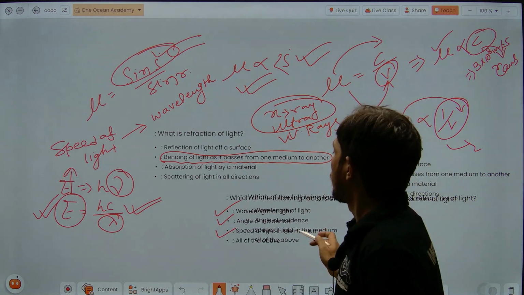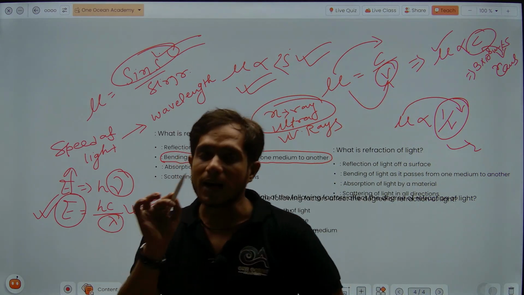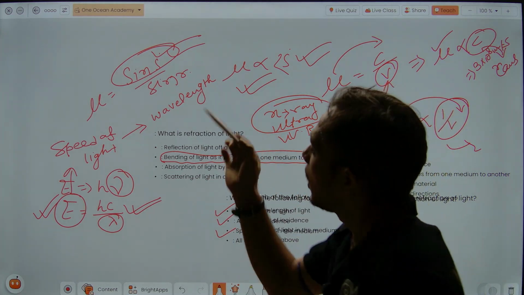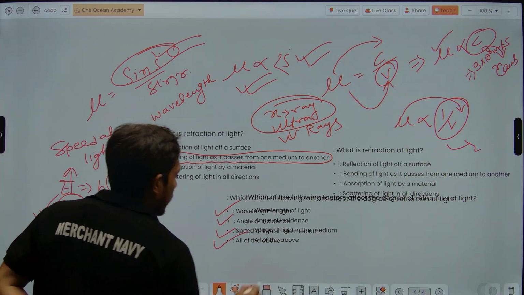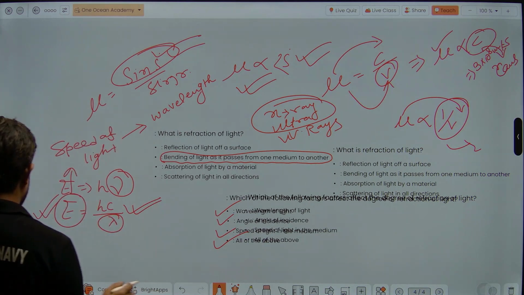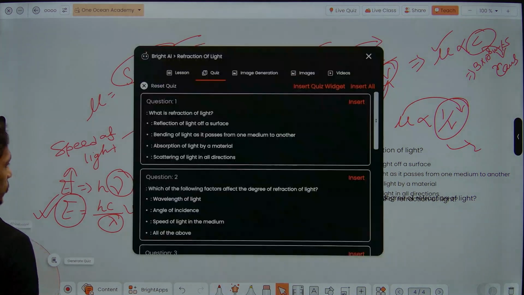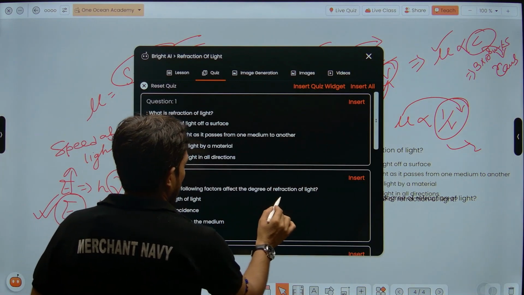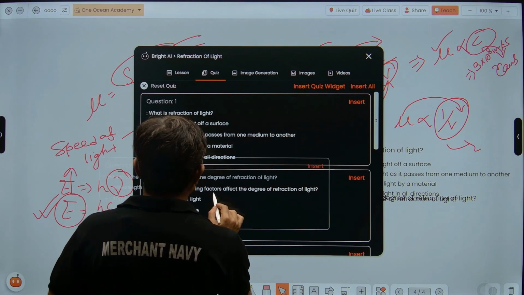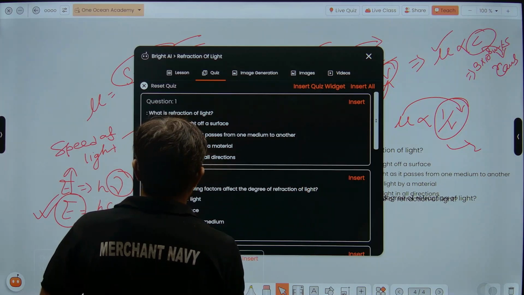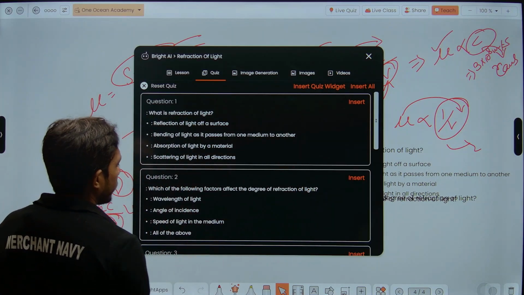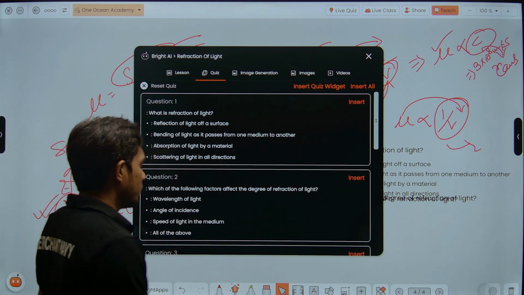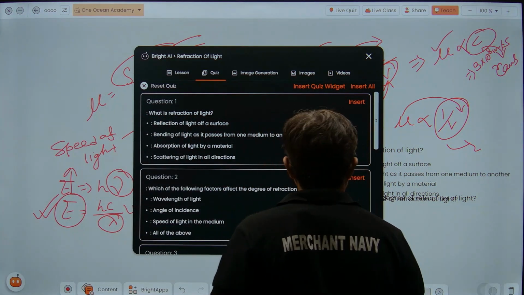So from here we can say that refraction depends upon the wavelength of the light. So all of the above becomes the answer to this question. Which of the following factors affects the degree of refraction? Wavelength of light, yes; angle of incident, yes; speed of light in the medium, yes. All of the above is the answer.